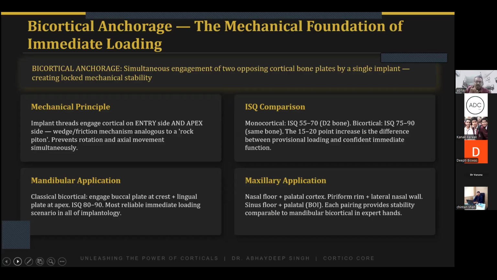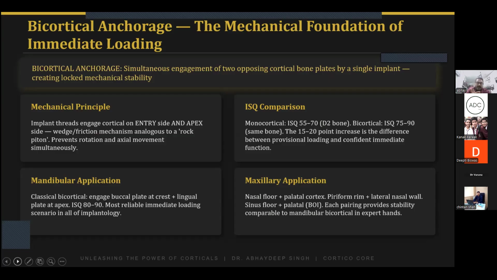Otherwise, in an extraction socket, you might have seen the lamina dura, which is a radiographic representation of the bone around the tooth. It is also a very thin cortical. Even then, if you are doing an osteotomy in an extraction socket, there is a slight cortical lining which you are going to perforate to get the bicortical anchorage.